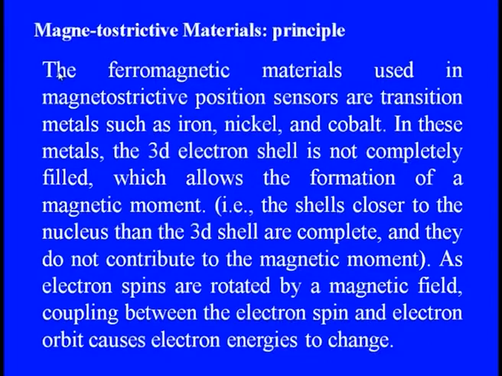Since these 3D elements are not filled, they allow the formation of the magnetic moment within this empty space. That means the 3D shell, which is closer to the nucleus, if it is complete, then certainly it will not contribute to the magnetic moment, but whatever empty states are there will certainly cause the magnetic moment and contribute to it.